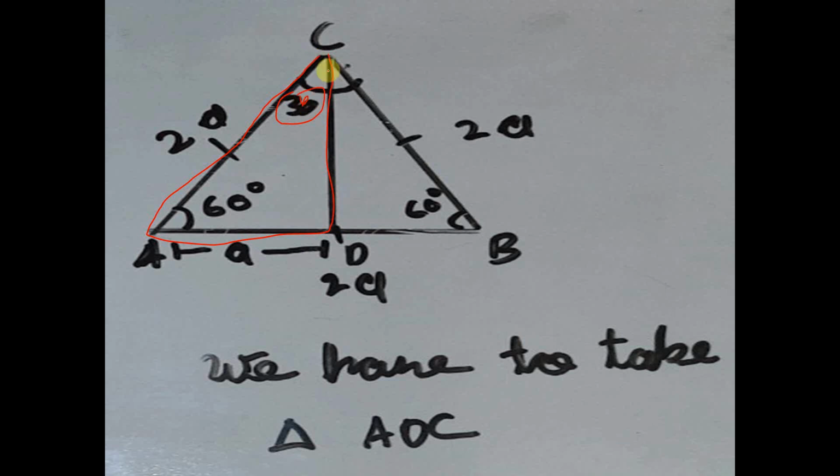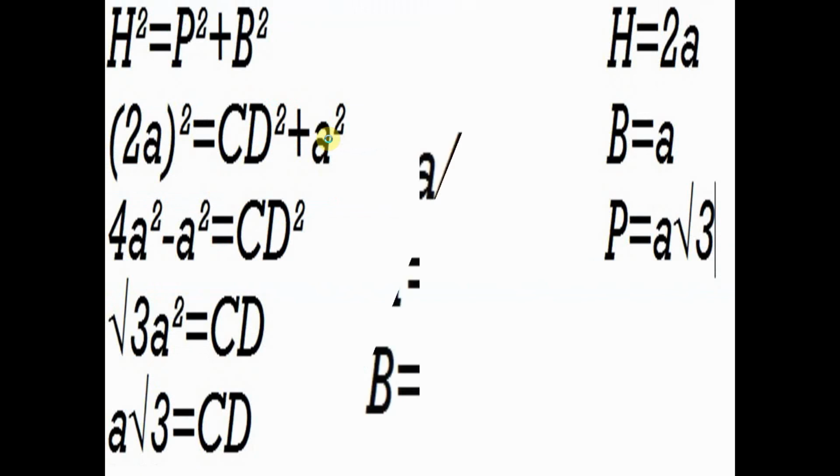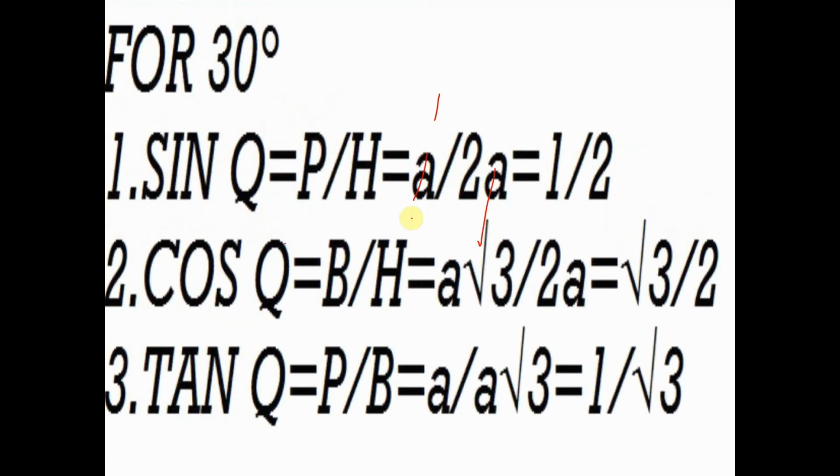For 30 degree this is base, that's why we are taking b as a root 3. So a root 3, h value 2a, so a root 3 by 2a, so a cancelled, root 3 by 2 is remaining. The value of cos for 30 degrees is root 3 by 2.